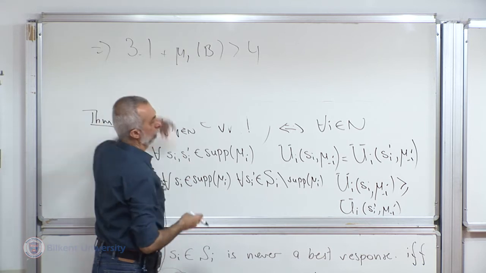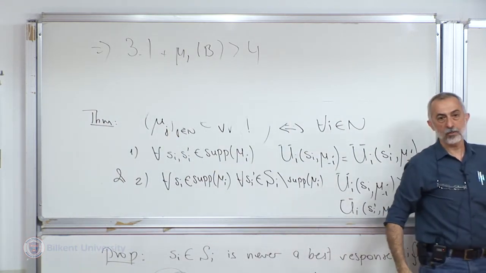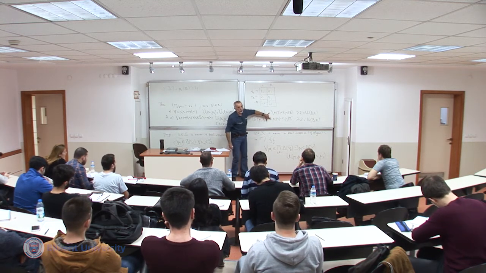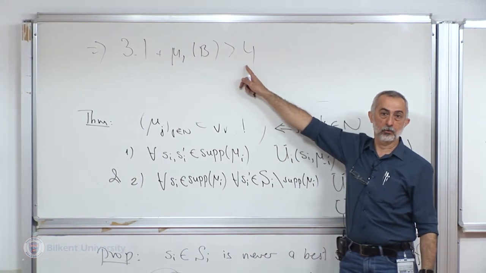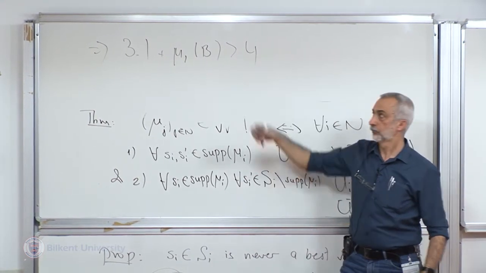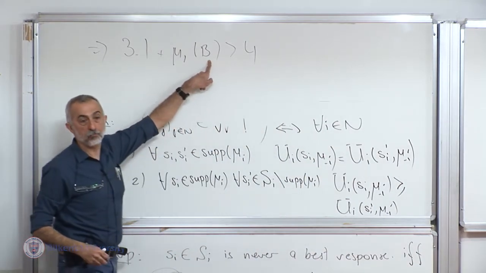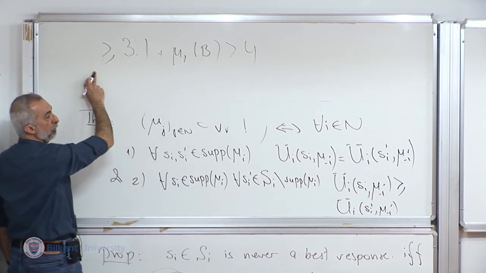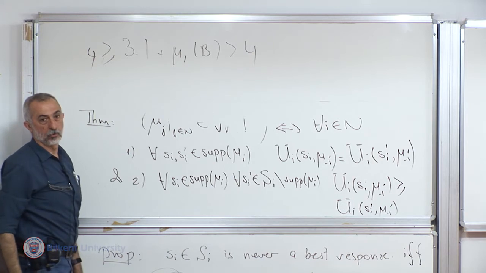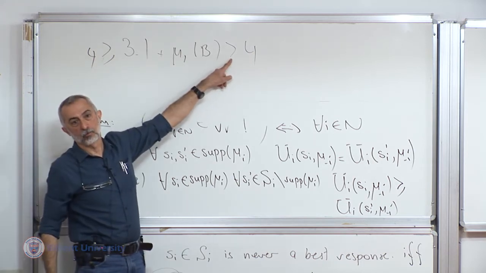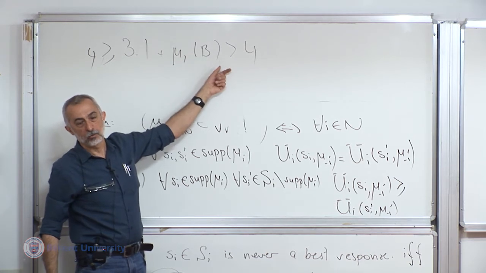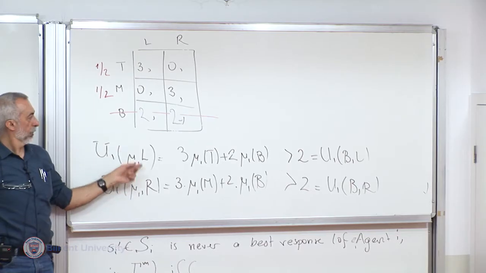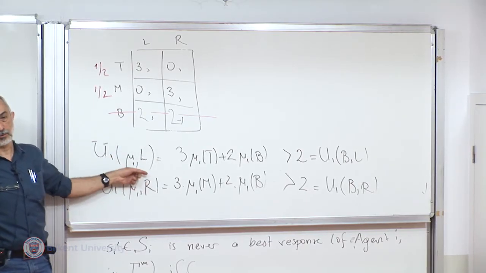So if B is never a best response, then these two inequalities hold. If these two inequalities hold, then this inequality holds. But can this inequality hold? Mu1b can be at most 1, so this number can be at most 4. But we're saying that it's bigger than 4. So a contradiction. So what led to the contradiction? The assumption that B is never a best response.